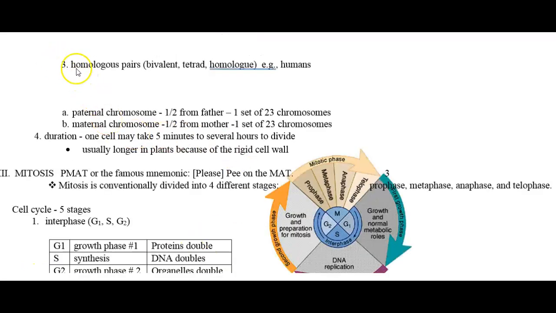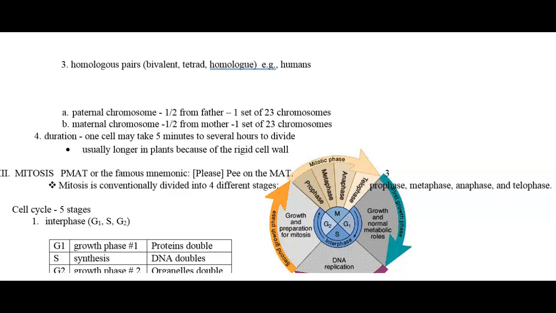Okay, we need to look at number 3. Homologous pairs, bivalent, tetrad, homolog. Alright, homologous pair means one from the mom, one from the dad. Bivalent because you're going to have 2, one from the mom, one from the dad. So you're going to have 2 number 1s, 2 number 2s, 2 number 3s.